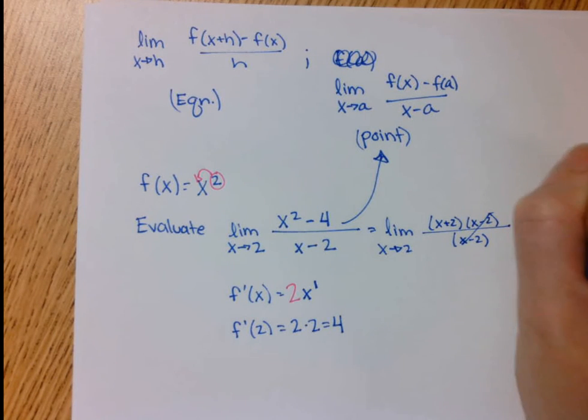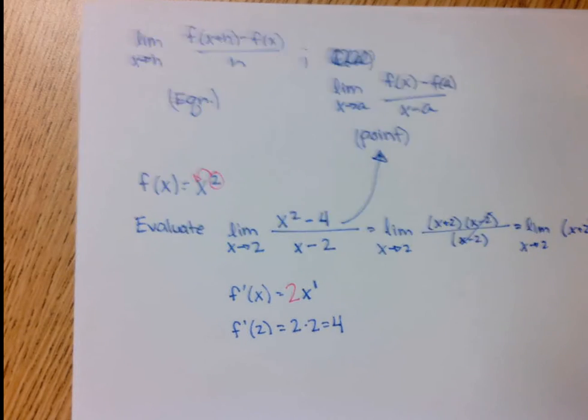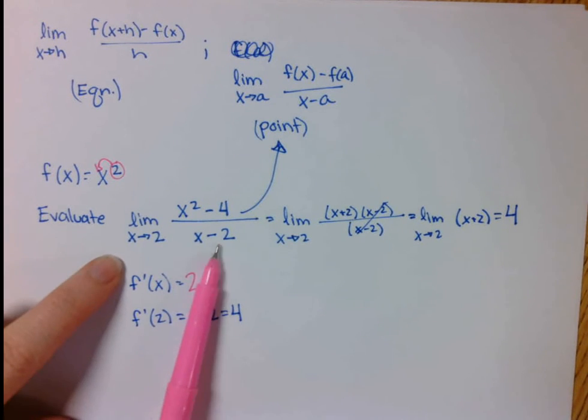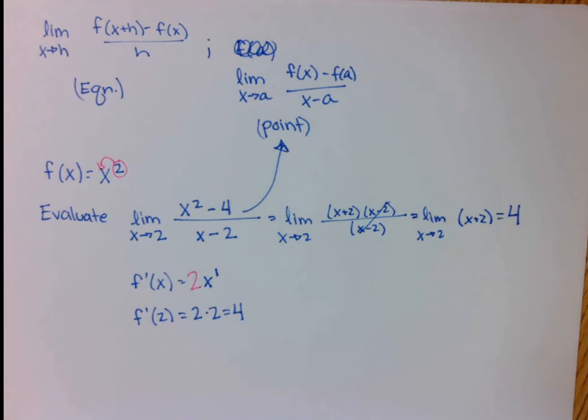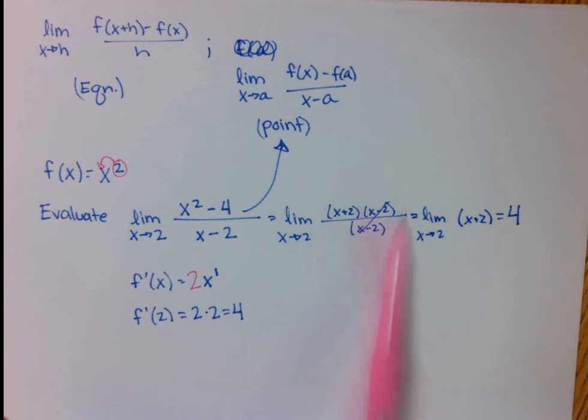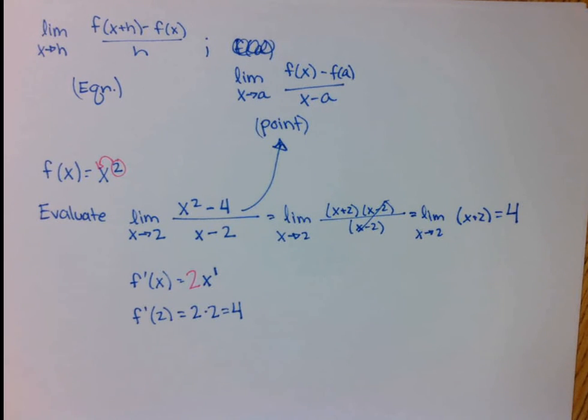The limit as x approaches 2 of x plus 2 is still going to be 4. So we just need to know that this is happening so we can apply one of our derivative rules, which in this case was the power rule. I just factored and canceled out because it was a removable discontinuity.